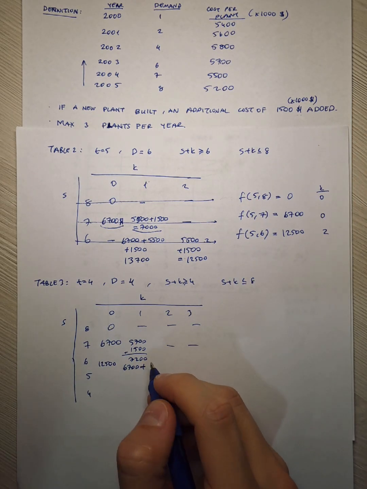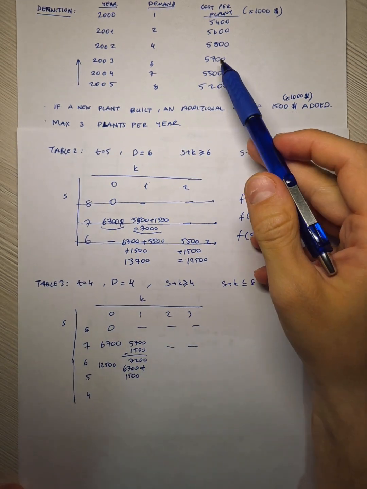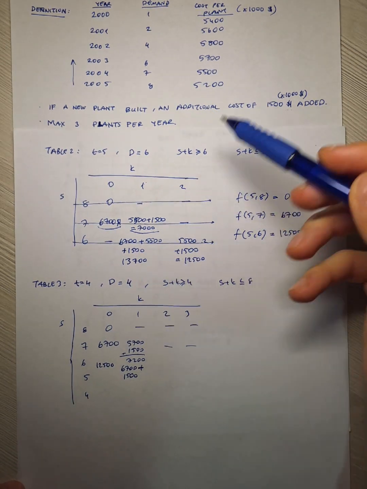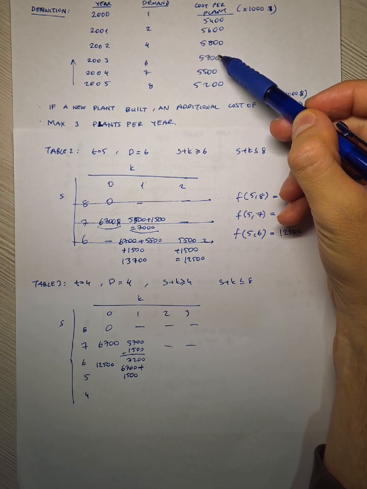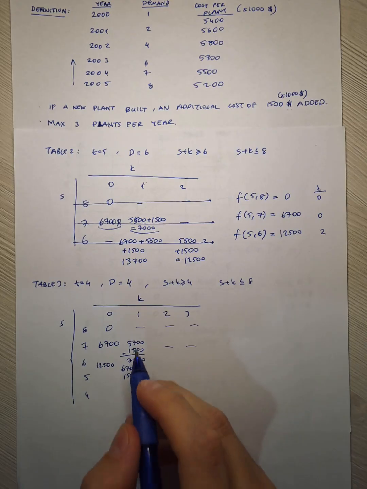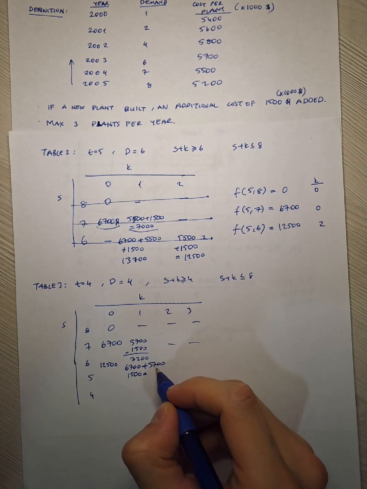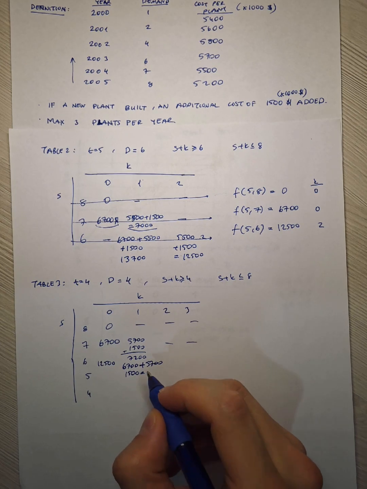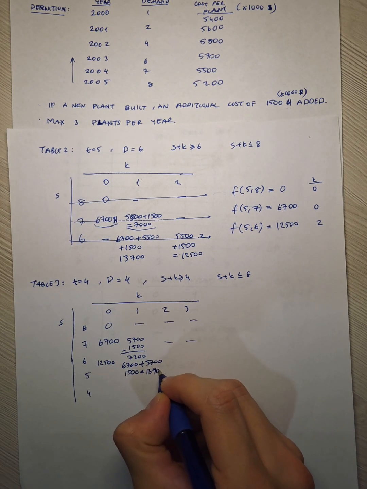Okay, so we know we have 1,567 from the previous one. What is the cost? It is 5,700. So it becomes 13,900.